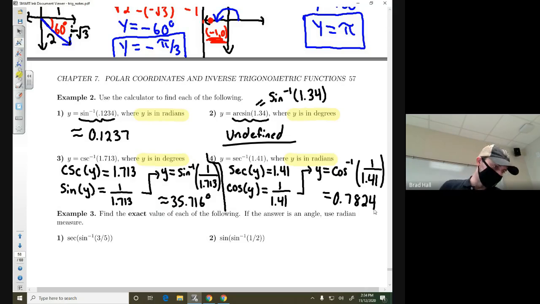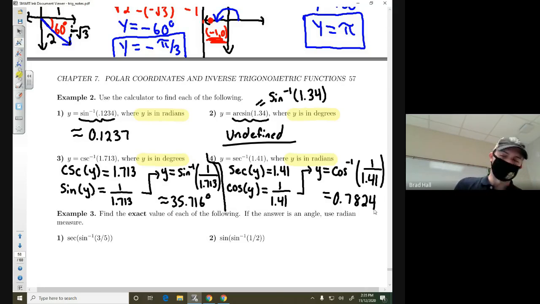It looks like in the homework, it says it'll be split between decimal degrees, as they call it, which is exactly, well, it's degree form, and you keep it in your decimal, so it's not degrees, minutes, seconds. You can leave the decimal. Or it'll say, use a calculator to approximate each real number value, which is radian.